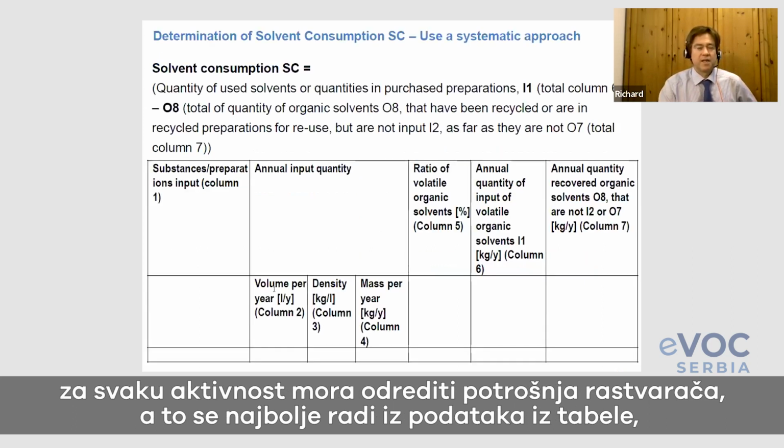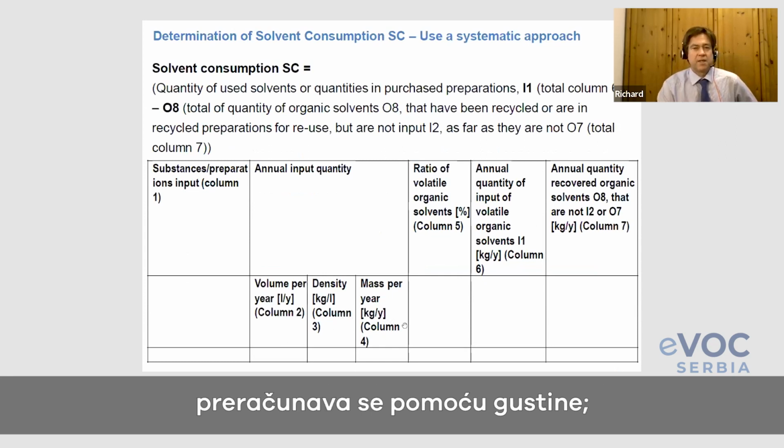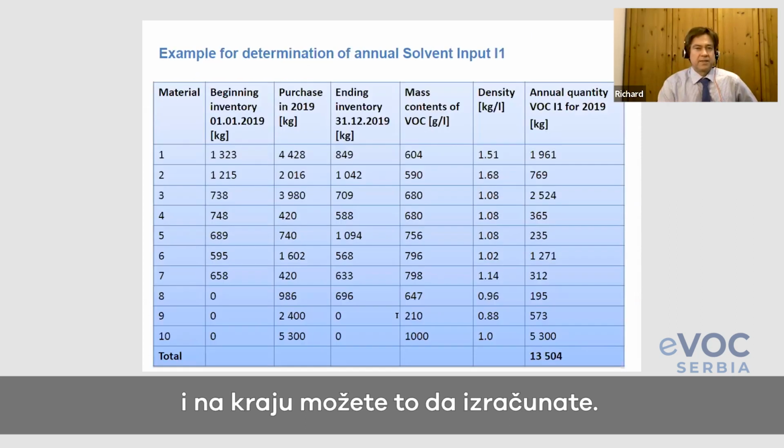You can do this with a table, where you must exactly determine what you put in. If you know only the volumes, you can calculate it by the density, and at the end you can calculate it.